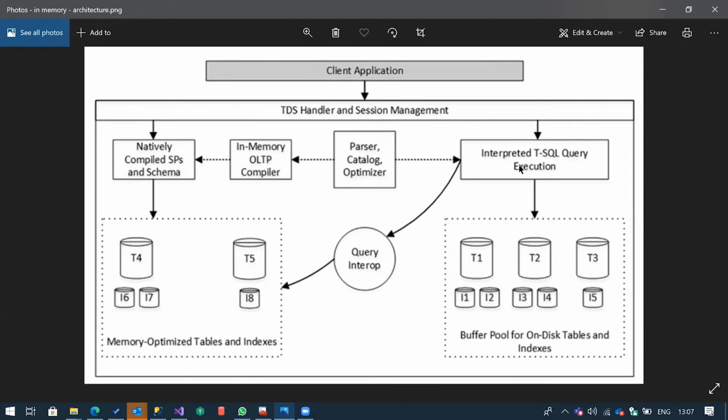Because SQL Server, or Microsoft, thinks that even if I create, in C code, an execution plan for a natively compiled stored procedure based on unknown values, that is definitely much faster, even if it is not a perfect plan, than recompiling over and over and over again.